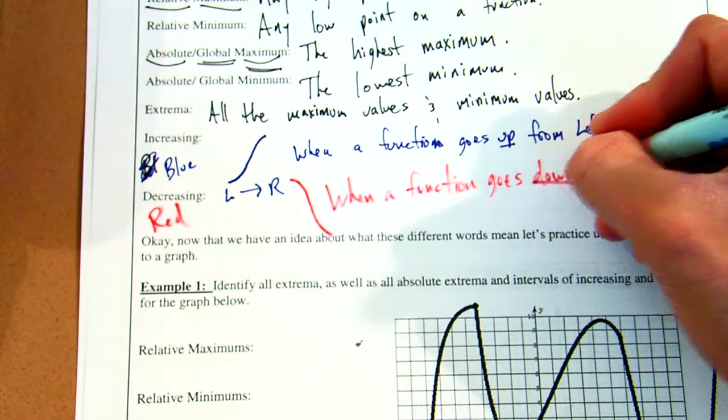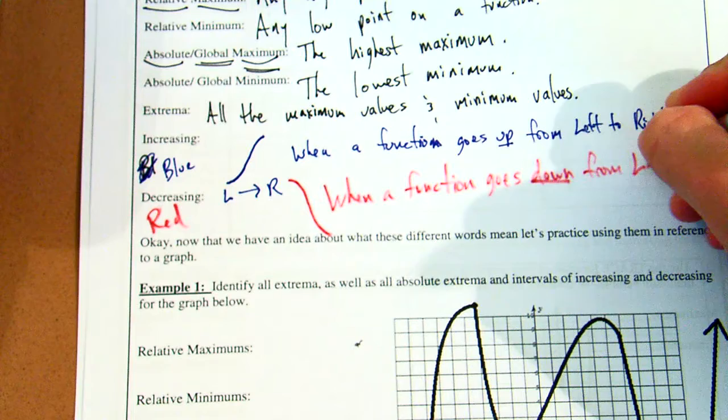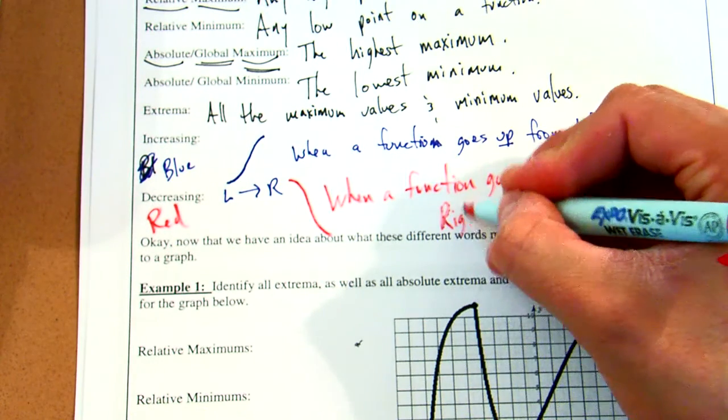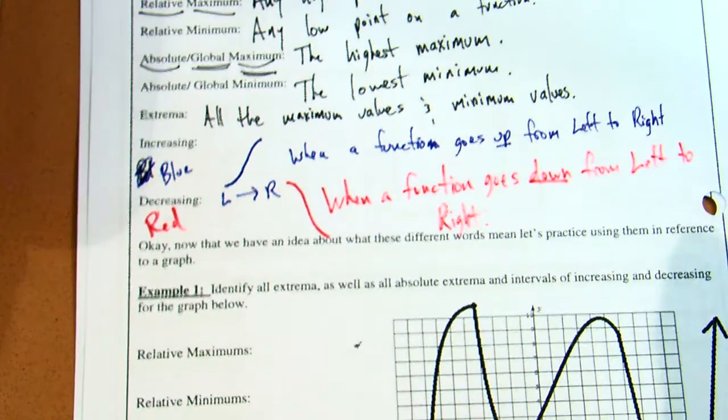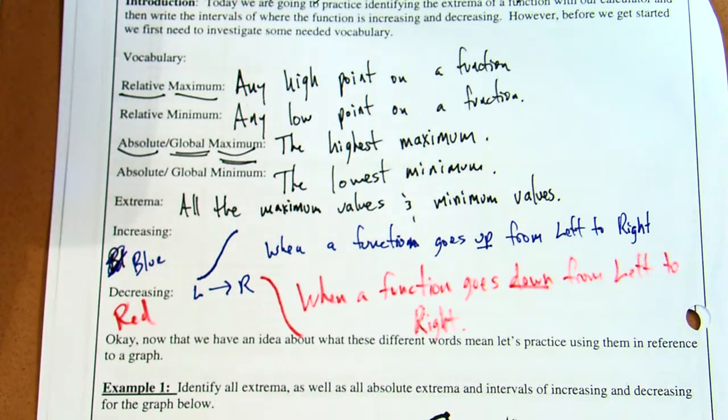Down. And again, they have to go down from left to right. Okay, this is the key thing. These are the key terms and definitions over here.